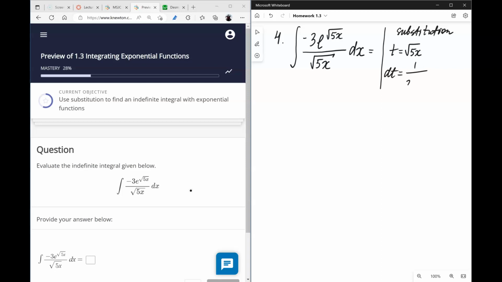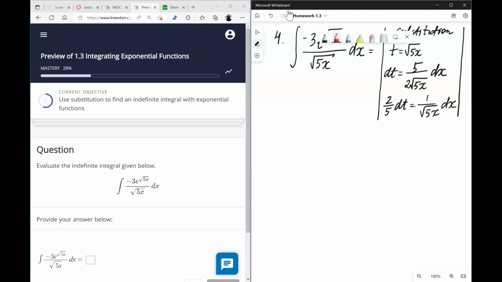Let's find out what the derivative is. It's going to be 1 over 2 square root of 5x multiplied by the derivative of 5x, which is 5 dx. So now I'm going to do this manipulation. I'm going to multiply by 2/5, so that we can isolate this, which will be replaced with this.